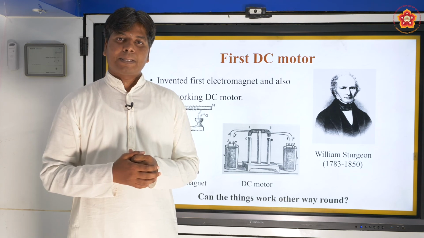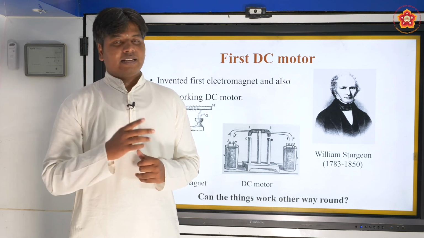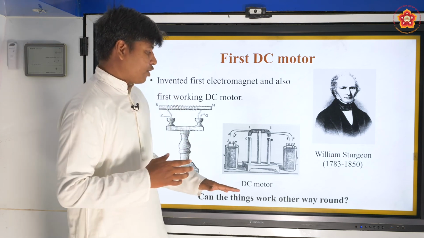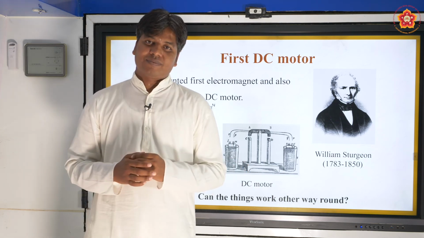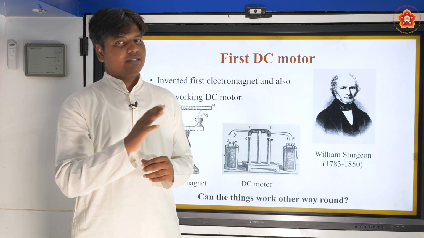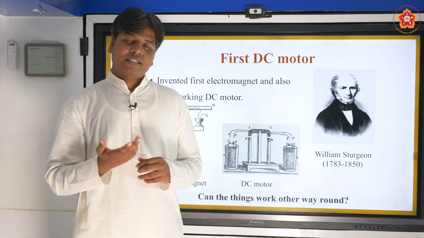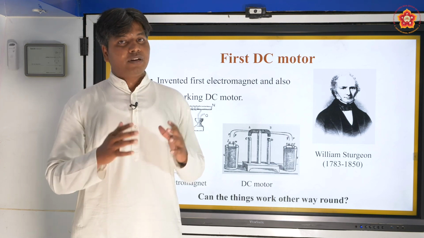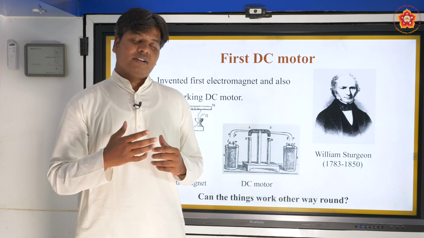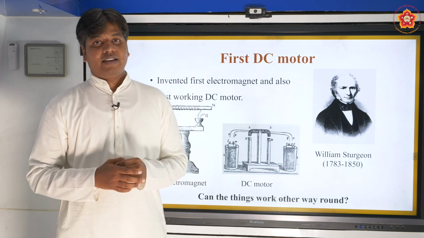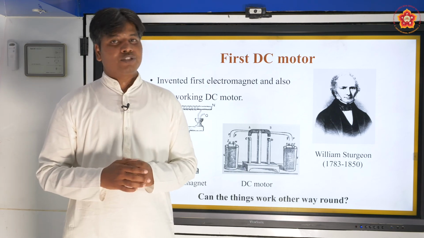We'll learn about him in the next session and discuss this phenomenon and how it works. If I vary the magnetic field in a coil, in a conductor, does it produce an electric field? Think about it and come to the next session, and we'll discuss a beautiful phenomenon and the famous scientist Michael Faraday, and let us get inspired by his story.